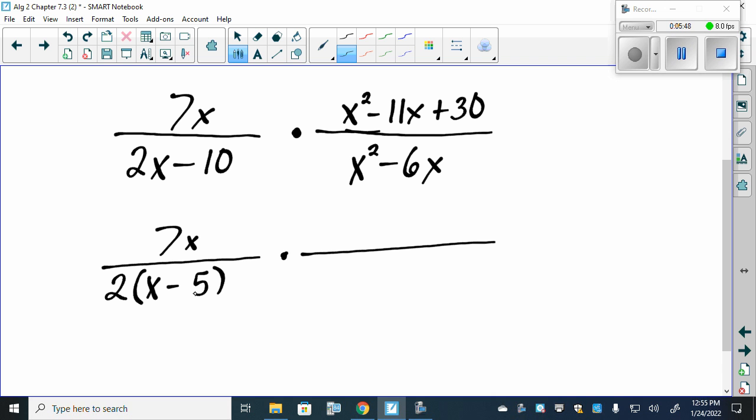Now the other one is our x squared minus 6x. We can factor an x out of both terms. If I factor an x out of x squared, I'm left with x minus 6, because if I factor an x out of 6x, I'm just left with 6. So those two weren't too bad because they just had a greatest common factor.